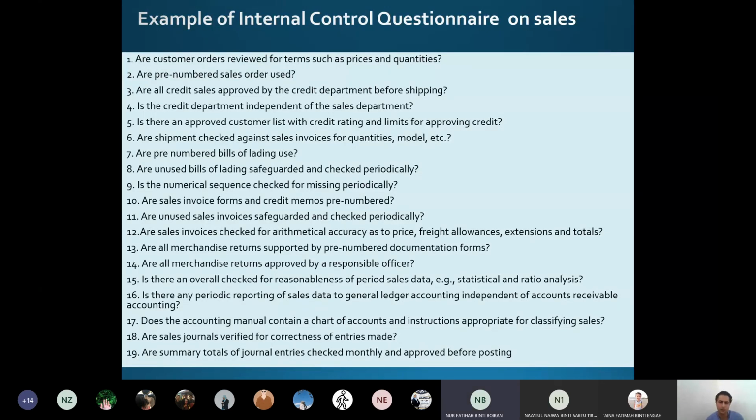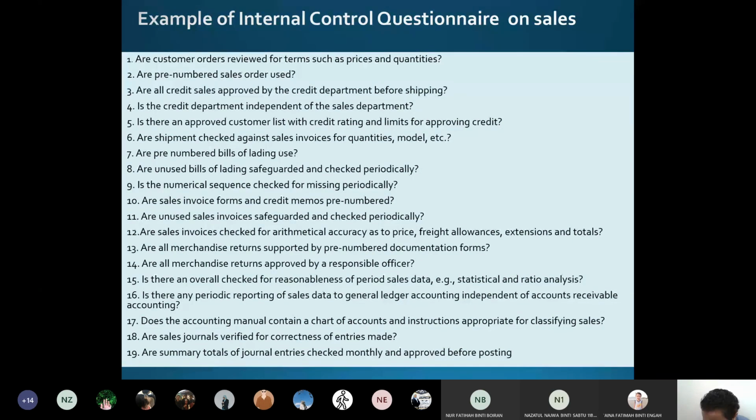Sales journal verified for correctness of entries made. So in this question, we are trying to check the accuracy of entry of the recording, whether there is a process for verifying the sales journal in terms of the accuracy of the entries.